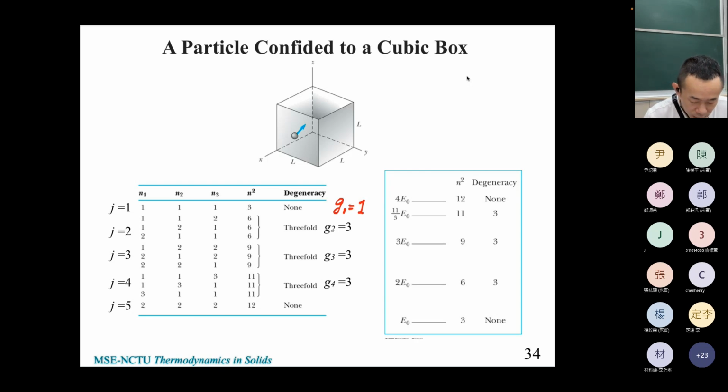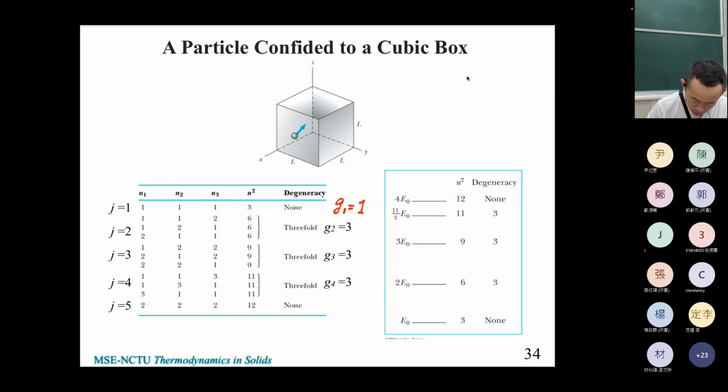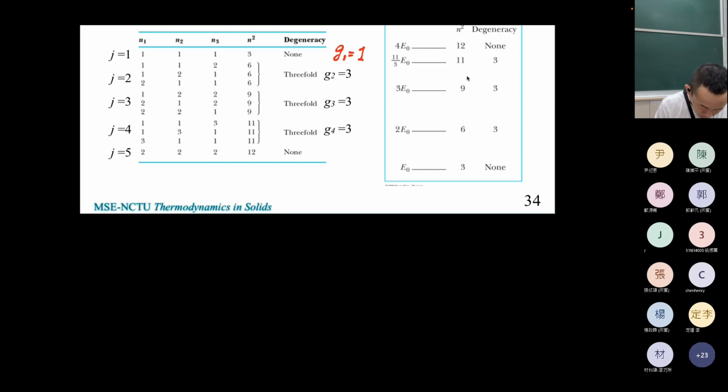And yeah, you can imagine that after that, everything becomes more degenerate, and j equal to 5, which means 222, is again non-degenerate as well. Okay, g equal to 1.